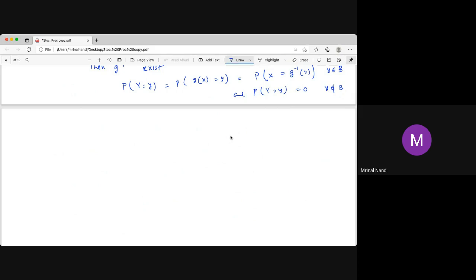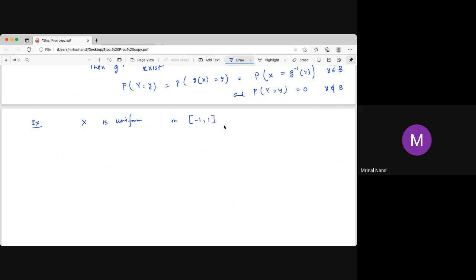So there are several examples. One example is g(x) equal to x square, say. Take one more example where X is a uniform random variable on -1 to 1, say.